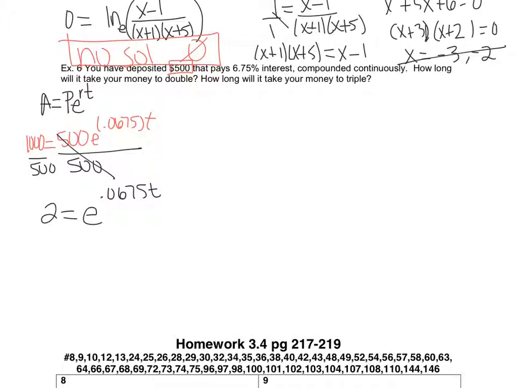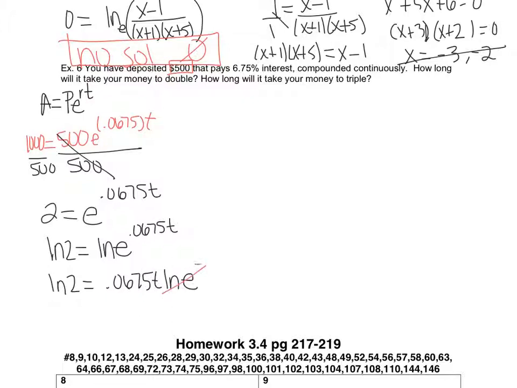And now I'm going to take the natural log of both sides. So I've got ln of 2 equals ln of e to the 0.0675t. And now, using my log rules, I can drop that down in front. So I've got ln of 2 equals 0.0675t ln of e.